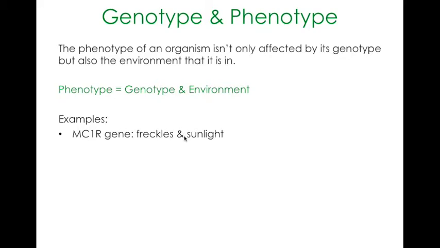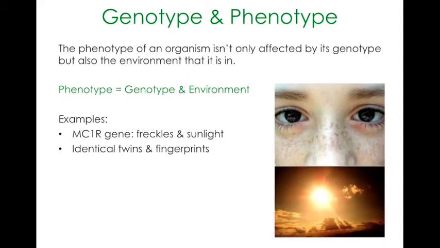And so with this particular gene, the phenotype being freckles and the genotype being MC1R and all of its allele variations, are determined by both the genetics and the environment, in this particular case, UV exposure in sunlight. Yeah? And so if you have the genes for freckles and you don't go out in the sun that much, then you're unlikely to develop freckles. Right?